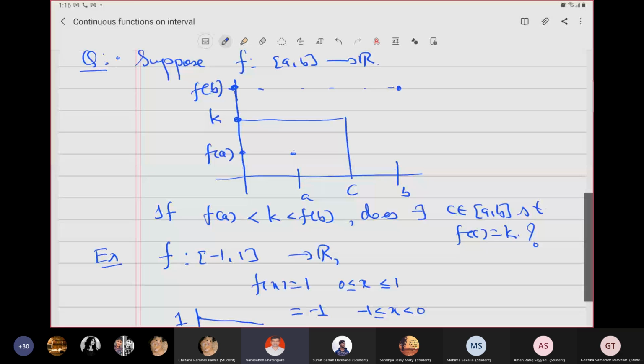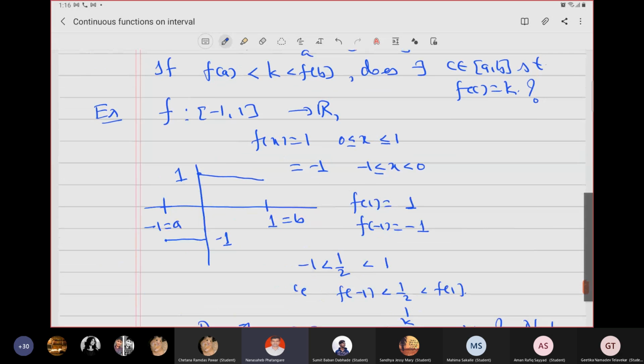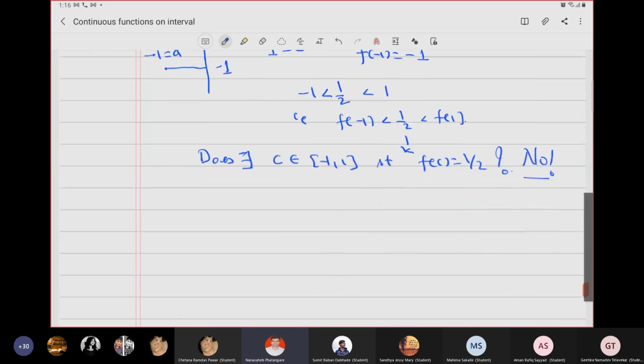So there is no guarantee of having such a c if the function is not continuous, right? So that is our next theorem: Bolzano's intermediate value theorem.